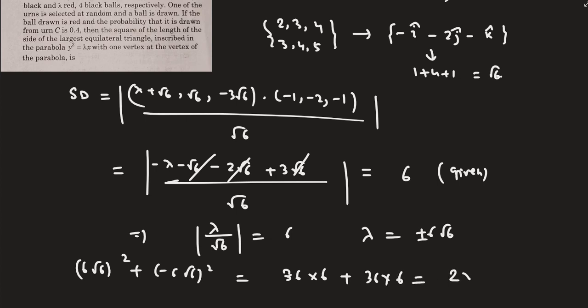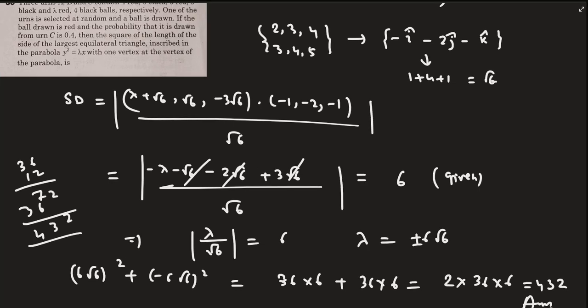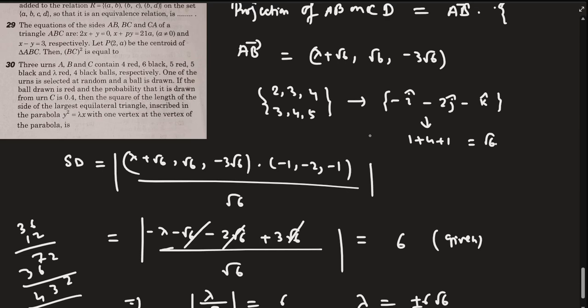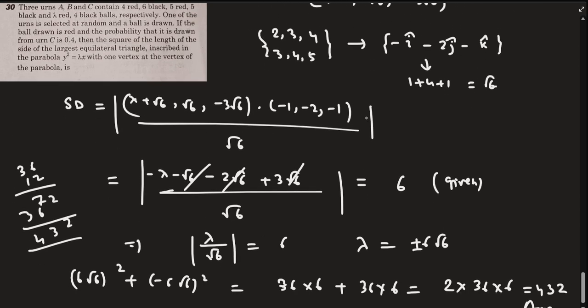So we have 2 into 36 into 6, 12 into 36, 36 into 12, 432. This will be the answer. I hope all of you understand this concept. Okay, now our next question is question number 27.